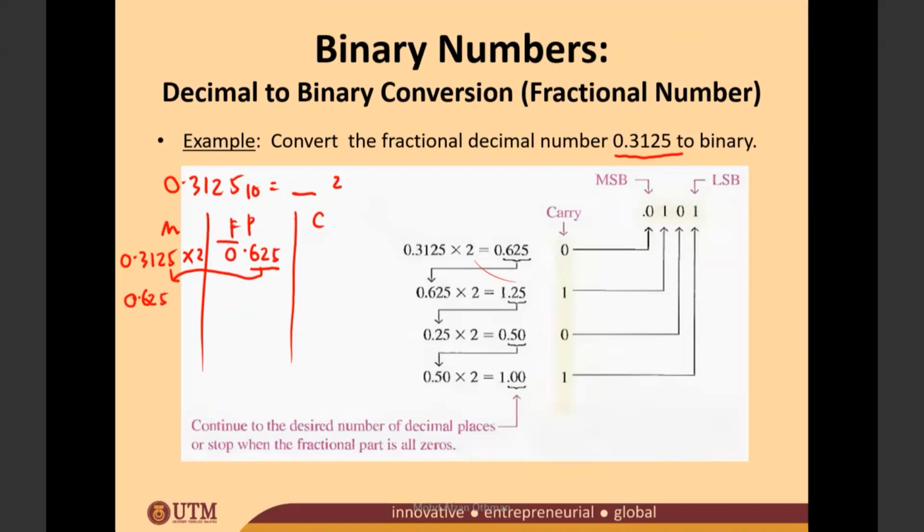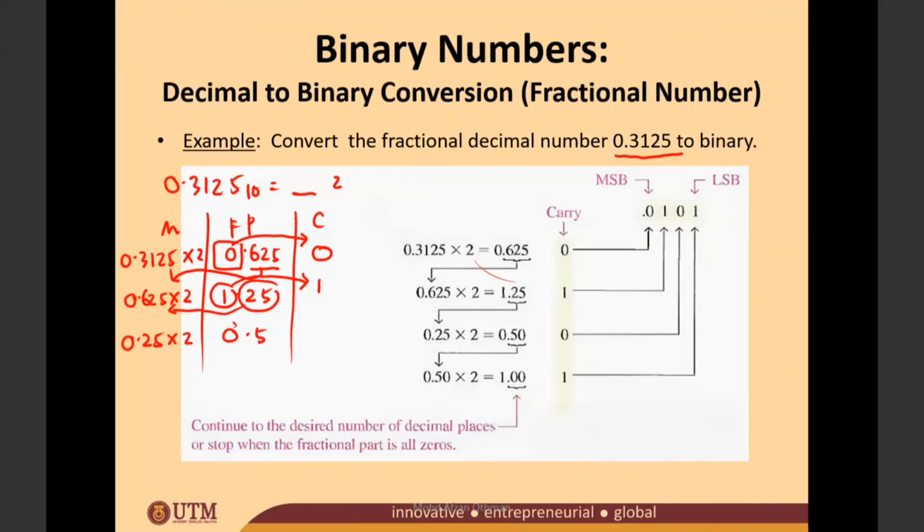Meanwhile, this one, this is the carry. So carry kamu letak dekat situ. So 0.625 masih lagi tak sama dengan kosong, kamu darab lagi dengan 2. So kamu akan dapat 1.25. So this is a carry. And 0.25 masih tak sama dengan kosong, bawa multiply lagi. 0.25 darab 2, kamu akan dapat 0.5.